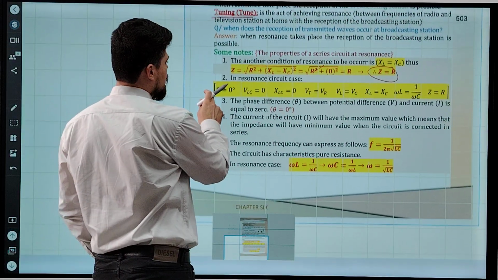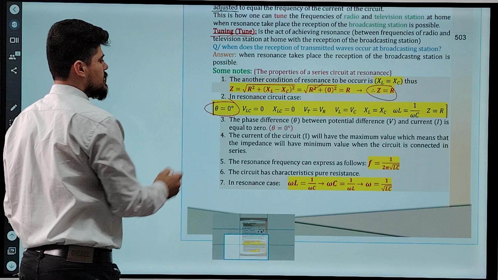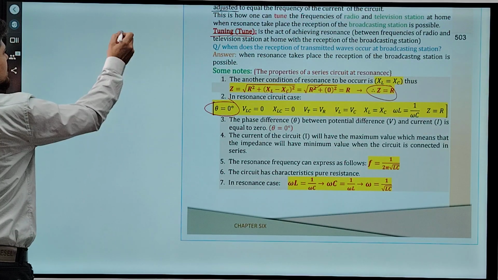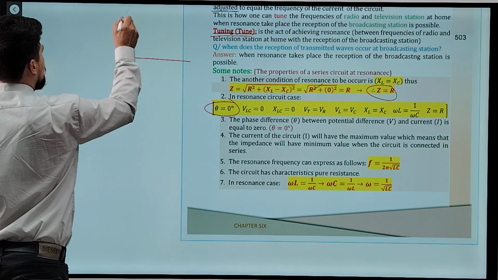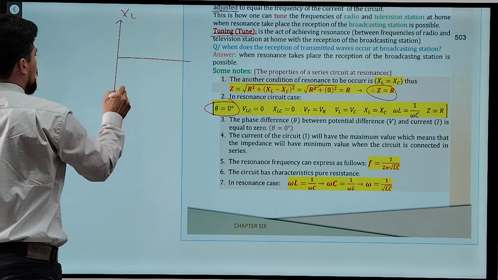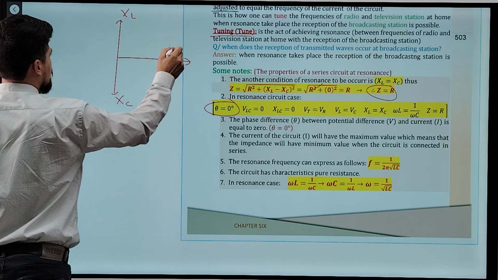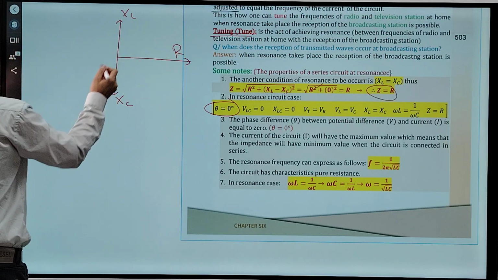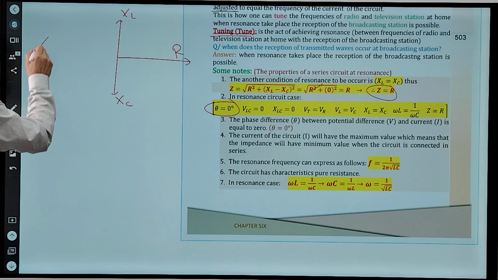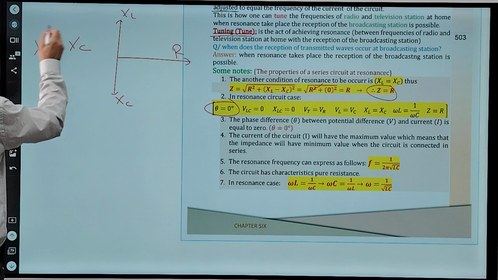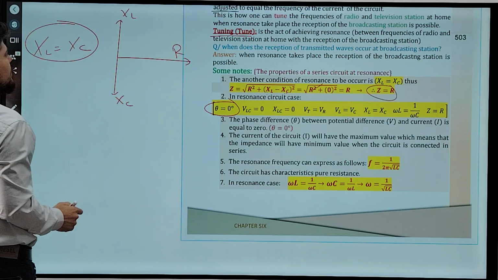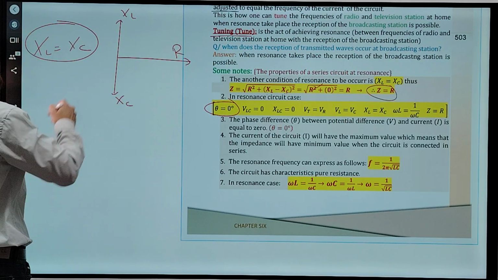So in the resonance circuit, the phase difference is 0. Why? Because XL and XC cancel each other. This is XL and XC, and this is R. In the resonance circuit, XL is equal to XC, so these two vectors are in opposite directions and they cancel each other.